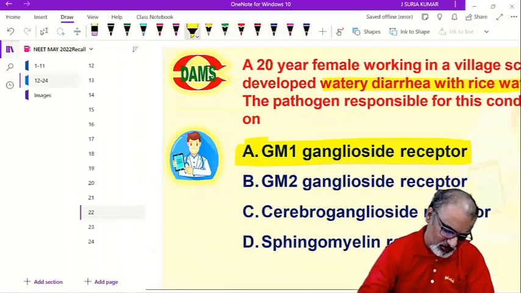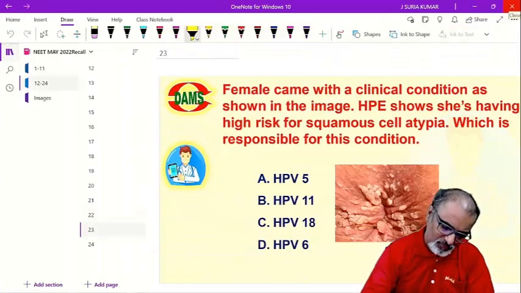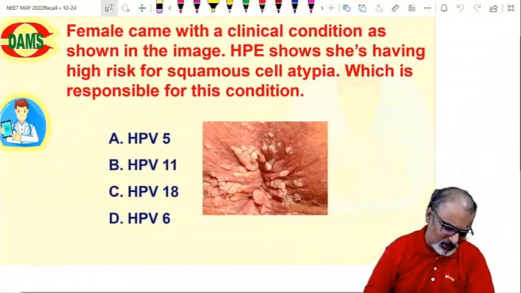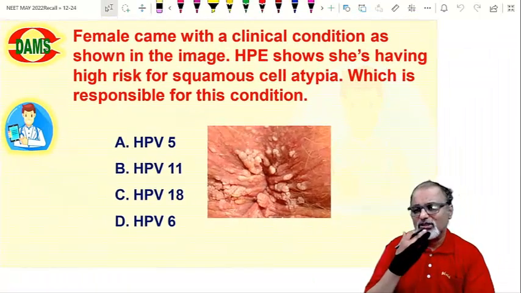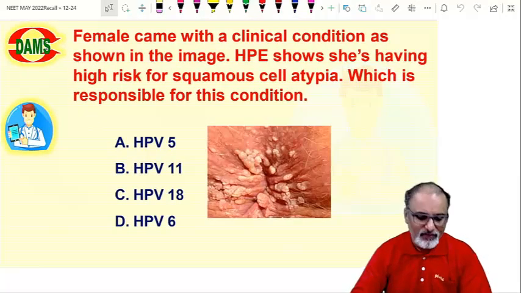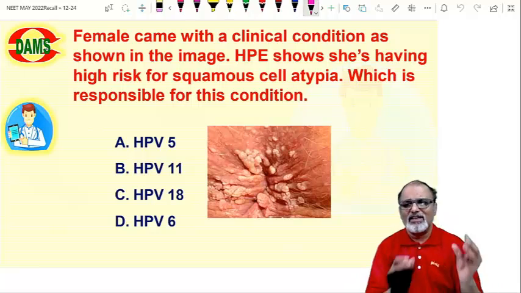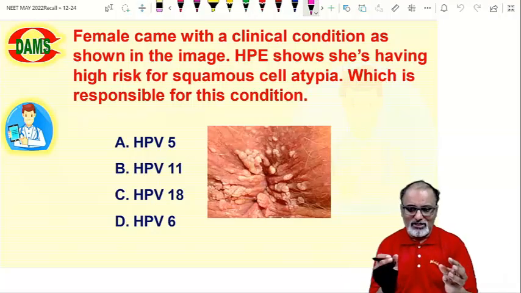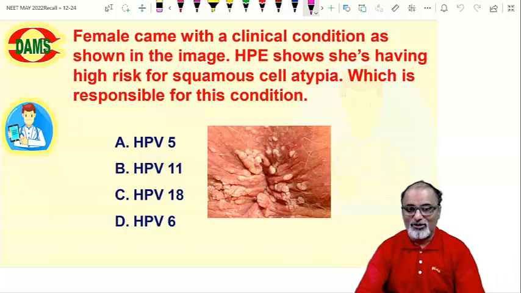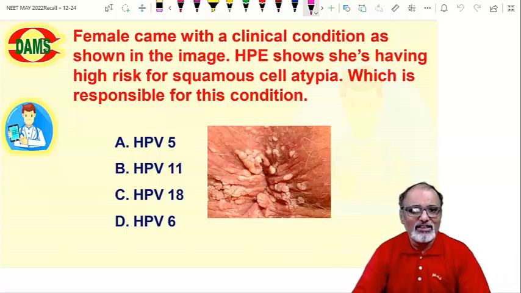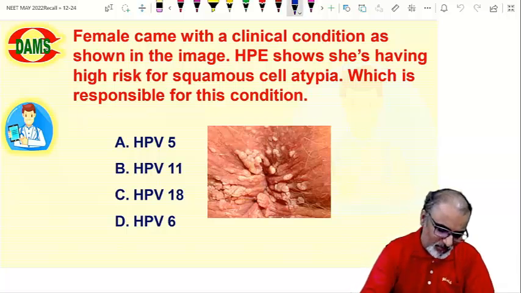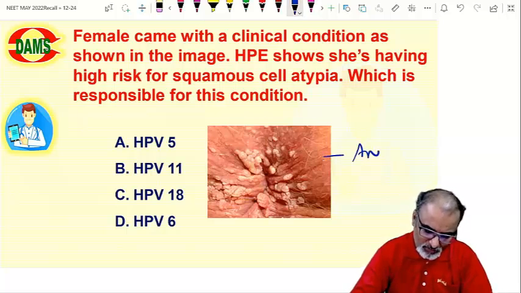Next is, yeah, this question is a little controversial in the sense of what we understand from the kids. Because everybody is giving a little bit of the question, we assembled it. I don't know if the shape is correct or not. A female came with the clinical condition shown in the image, and many people mentioned it is anorectal warts.